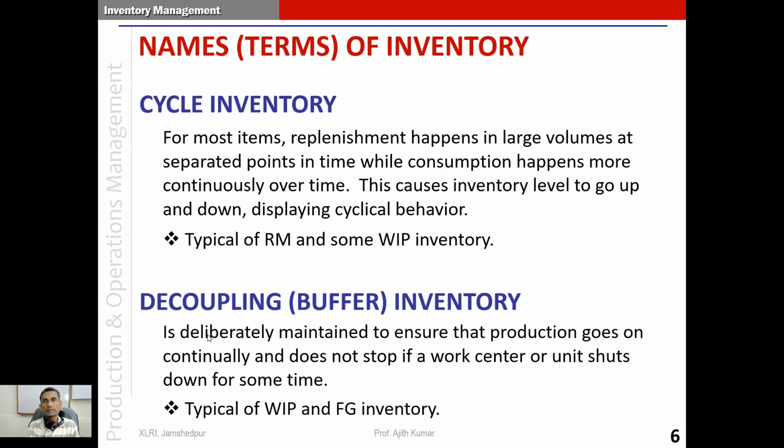Then even if one machine breaks down, until that machine comes up, maybe a few hours or maybe a couple of days, it may take for that machine to be brought up. In that time also, production of the downstream machines will keep going on, right? And production and the customer's service keeps happening. So such inventory, which is deliberately maintained to ensure continuity of production, is known as buffer inventory.